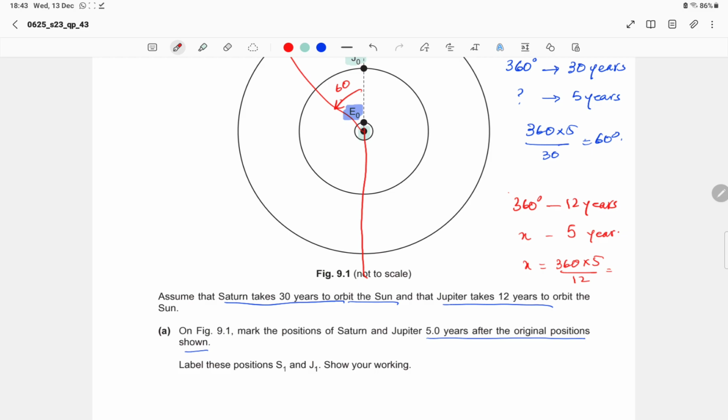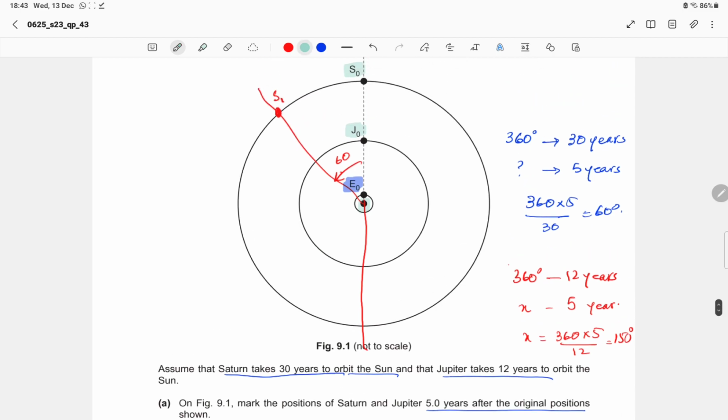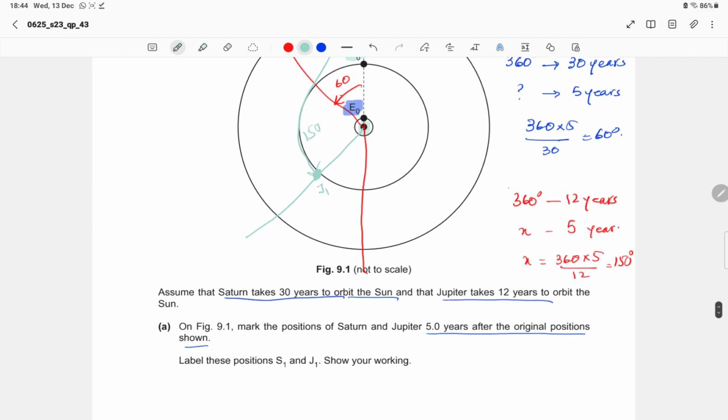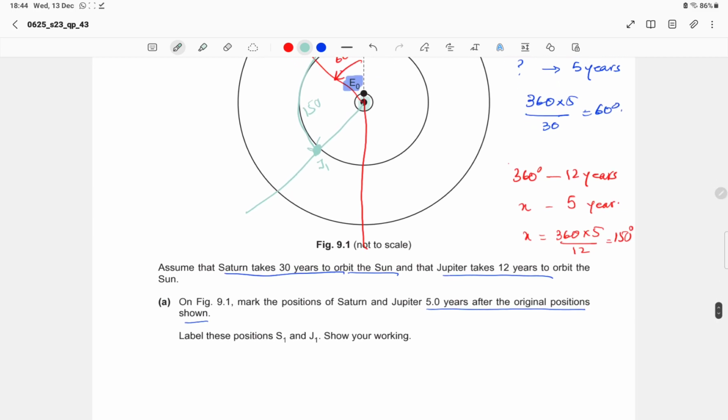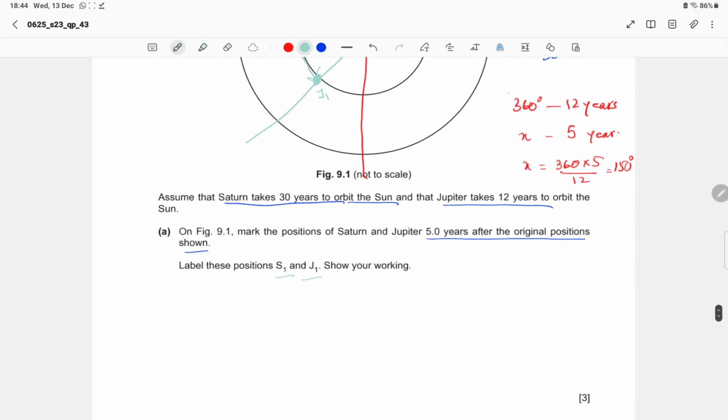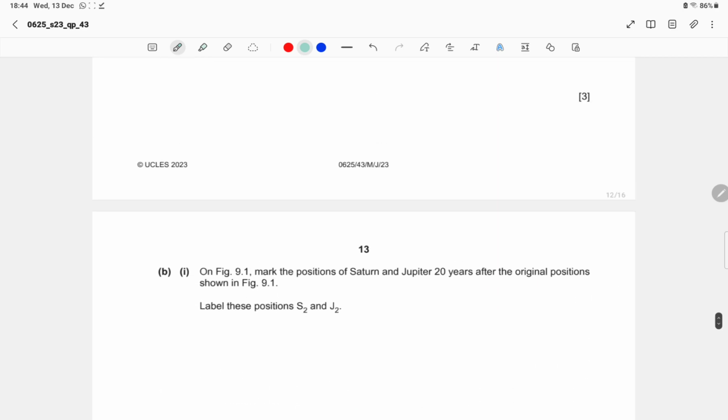Let me calculate, so this is 150 degrees. Now you have to make the angle, again starting off with this, and that's going to be 150. So Jupiter will be over here and we will call it J1. This is done, we have labeled this. Now moving to the next question.